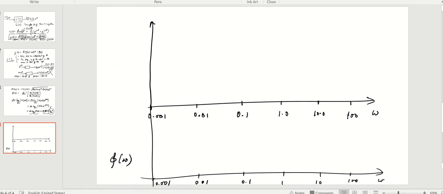And this, if you consider to be 20 log of m omega, then this becomes a linear scale. So for instance, here you can have 0 dB, you can have, let's say, minus 20 dB, here you can have 20 dB, here you can have 40 dB.